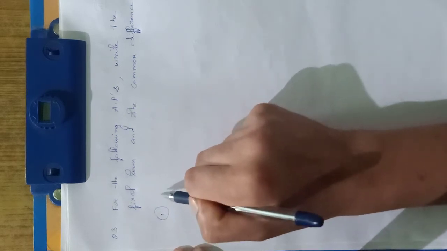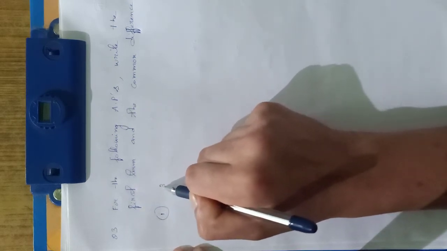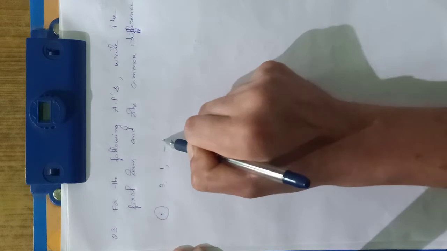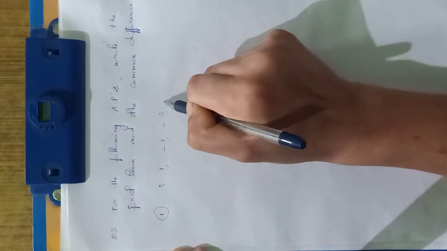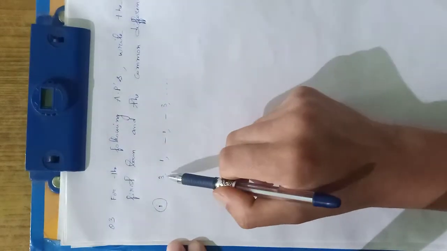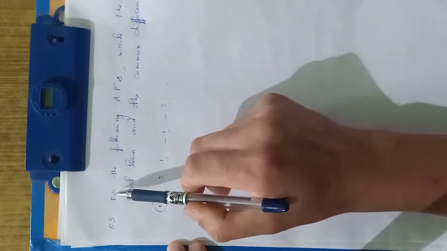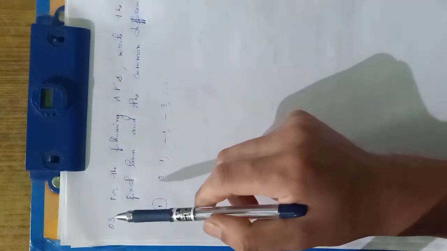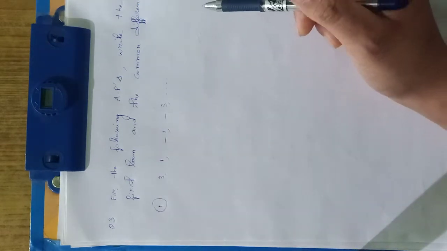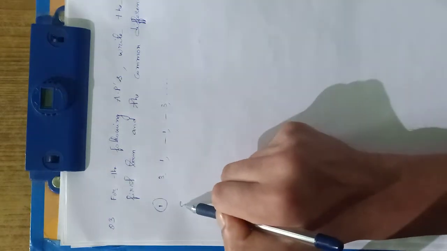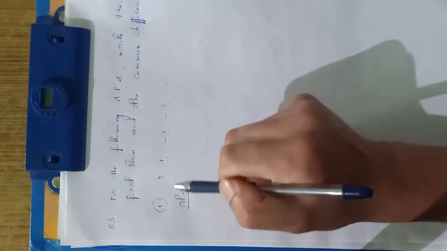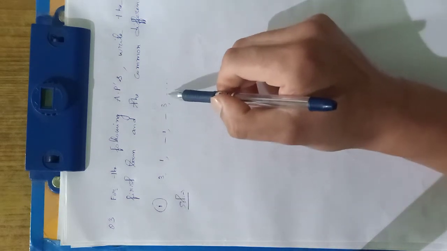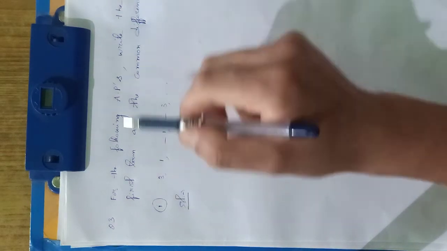The given series is 3, 1, minus 1, minus 3, and so on. So this is your given arithmetic progression. It says for the following arithmetic progression, so all the series that is being given in question number 3 are arithmetic progression. Now let's start with the solution. So for this arithmetic progression, we are asked to write the first term.